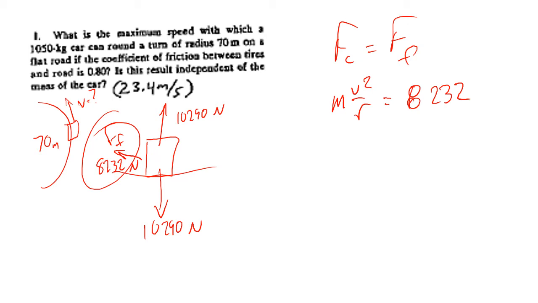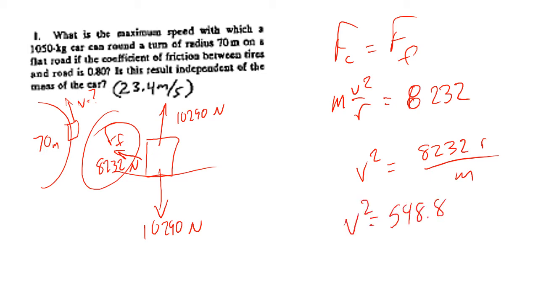So I know what the mass is, so v squared is equal to 8232 times r divided by m. So 8232 times 70 divided by 1050 is equal to v squared, which is 548.8. Take the square root, and you're going to get 23.4.